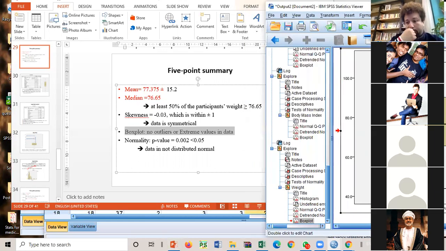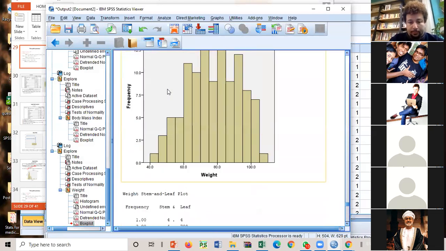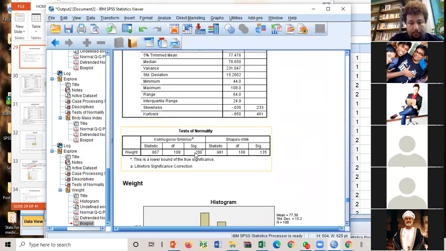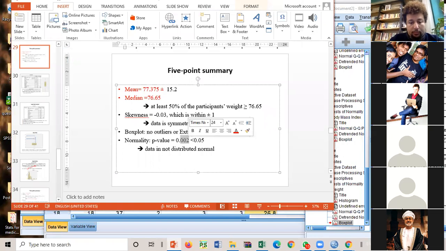P-value for normality is 0.200. Greater than 0.05, so what is the data? Distributed normally. Right, normal.